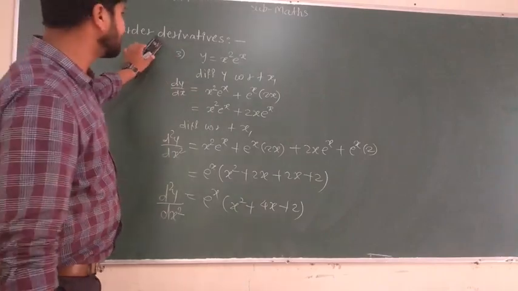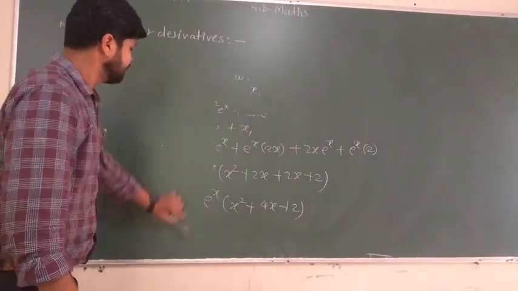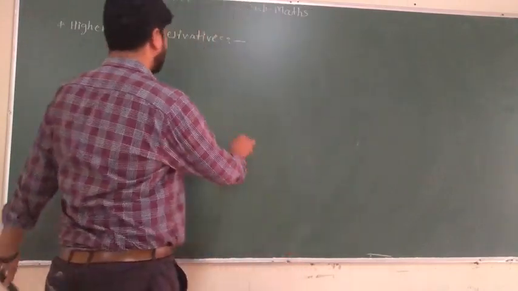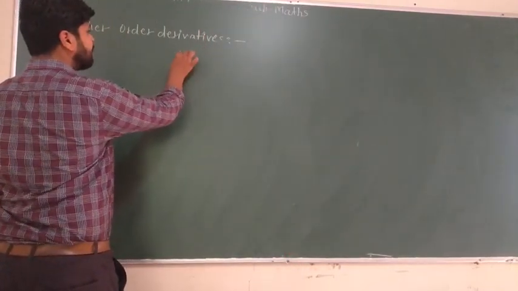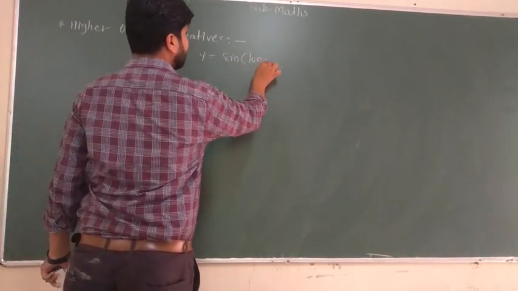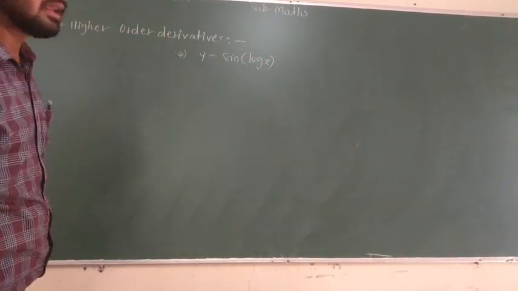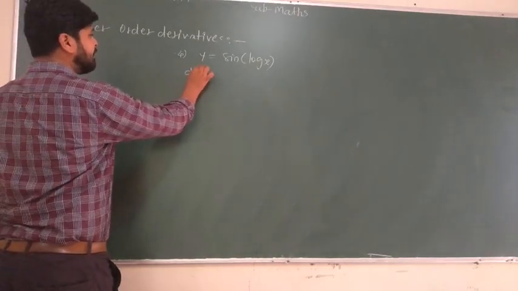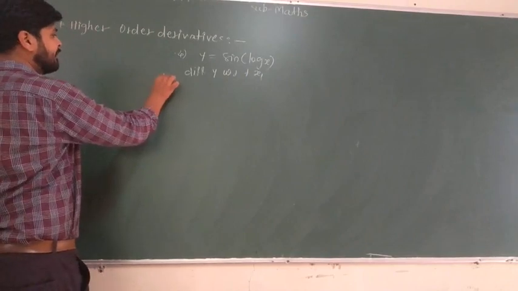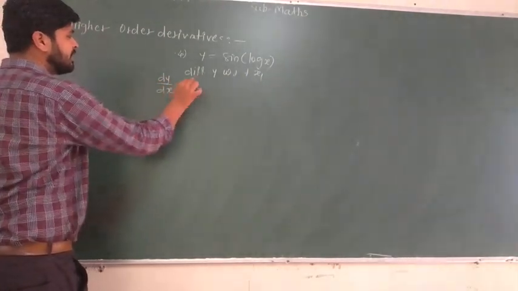Let us see one more example. The question is y is equal to sine of log x. So if I differentiate y with respect to x, then I get first derivative dy by dx like this.